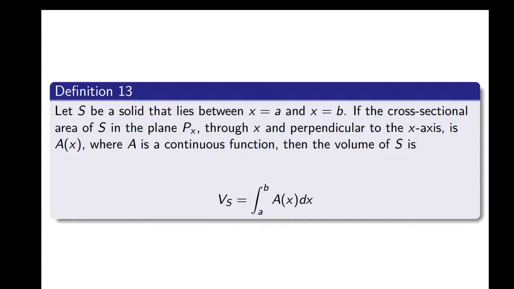The first one we are calling the solids of revolution, the disk method. From the disk method, we are also going to look at other properties that involve the volume of rotation.